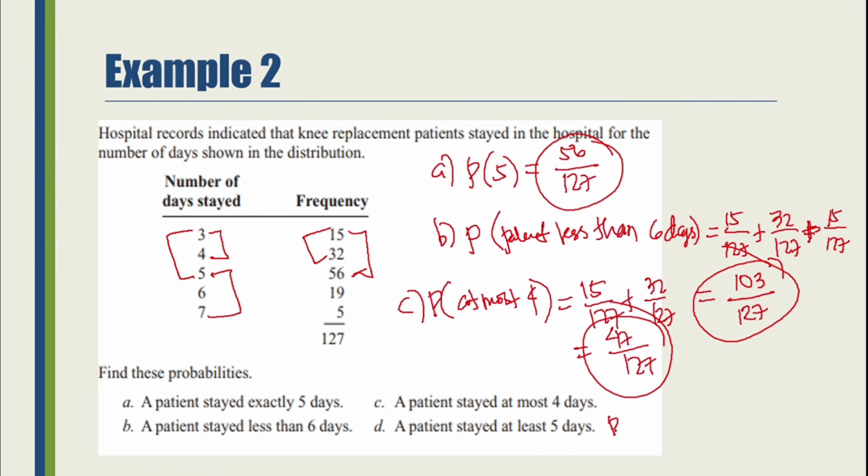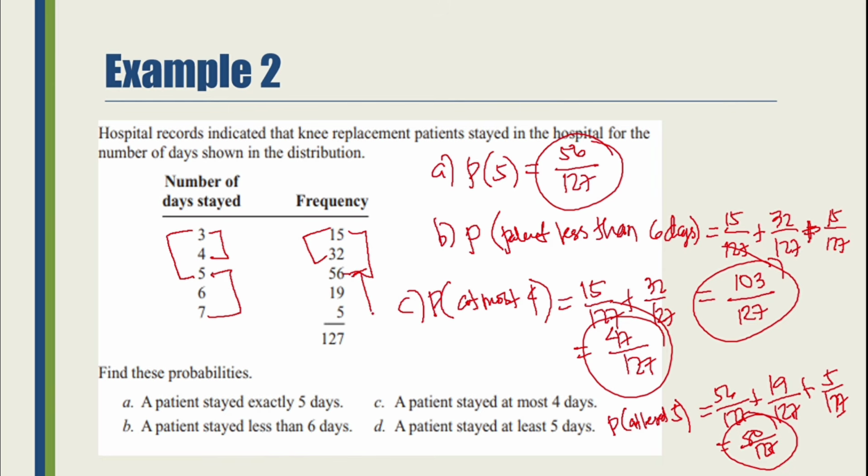The probability of at least 5 is equal to 56 over 127 plus 19 over 127 plus 5 over 127. We are going to add the frequencies because at least 5 days: 56 plus 19 plus 5 over the total sample space, which is 127. That is equal to 80 over 127.